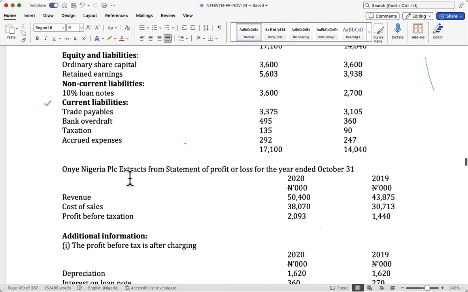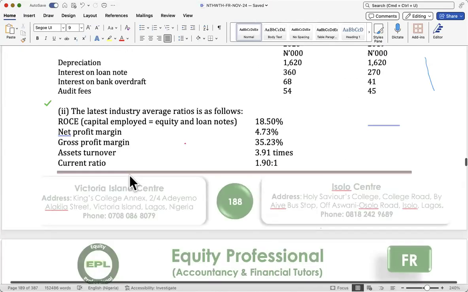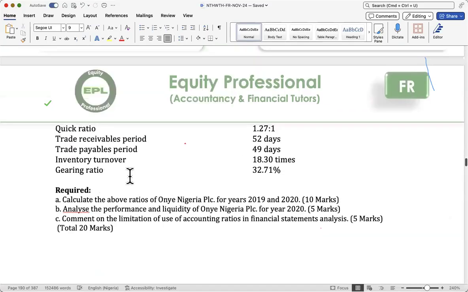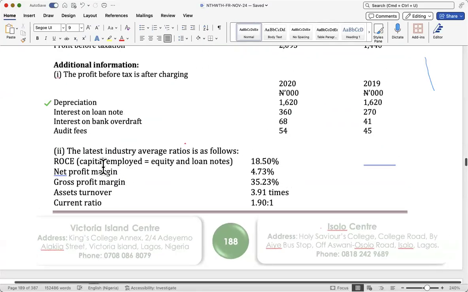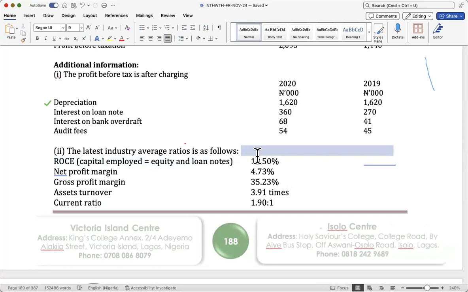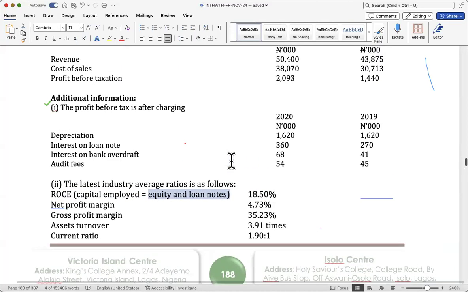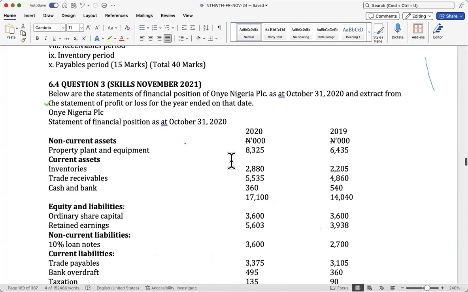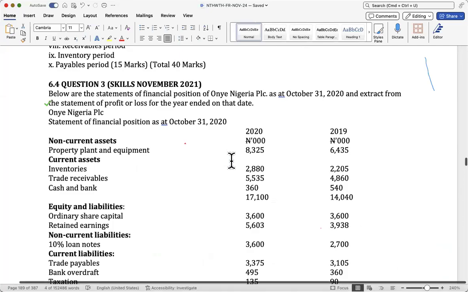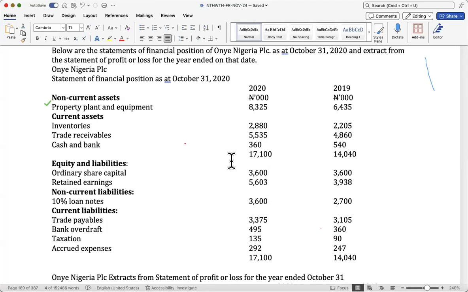Let's look at this one, for example. So they want us to calculate all of these ratios. They already told us that the capital employed is equity and loan notes. So they have given us the financial statement of 1 year, and we'll see profit over capital employed.